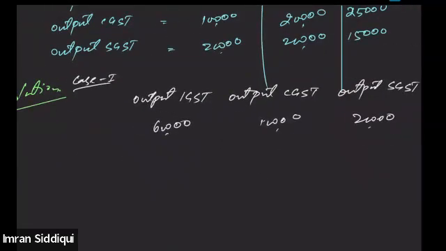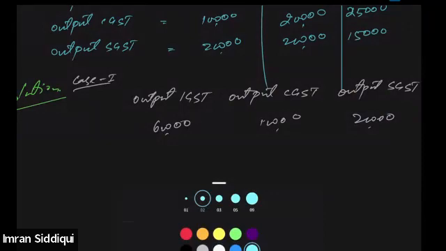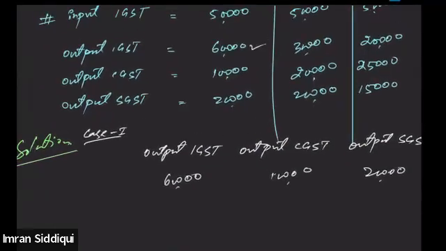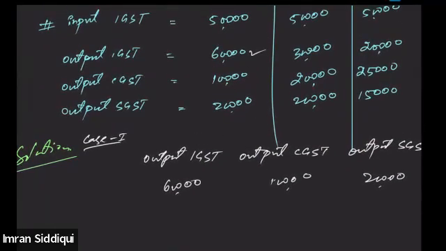Now, out of this, we will first of all try to set off the input IGST with the output IGST only. So we'll write setting off input IGST with output IGST. Is that right? And how much will we be able to set off?